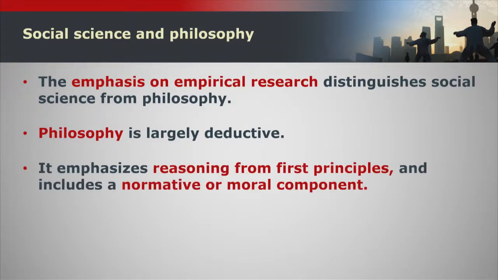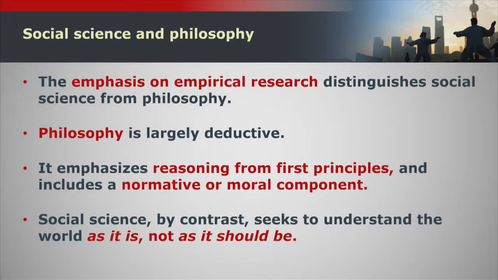It emphasizes reasoning from first principles, basic assumptions about norms, values, what is right, what is wrong, what are people's motivations. And it includes a, again, normative or moral component. Social science, in contrast with philosophy, seeks to understand the world as it is, not necessarily as it should be.